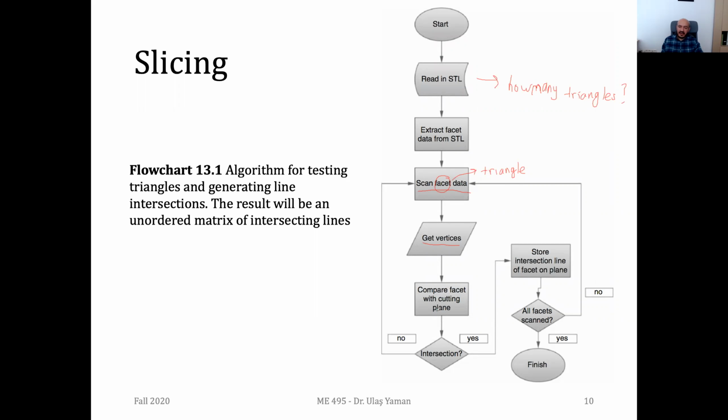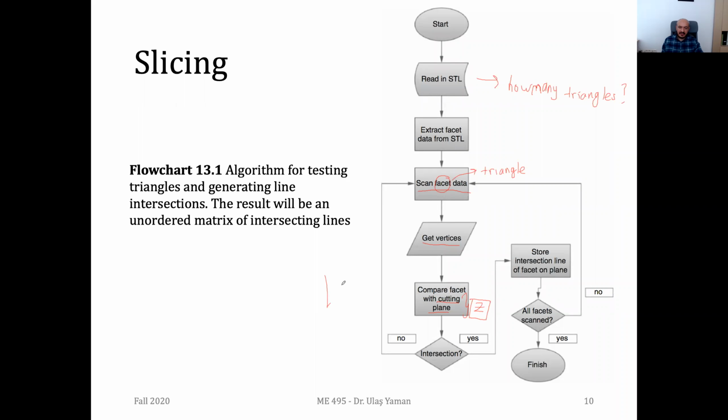And then what we do, we get the vertices of that triangle. And since we know the cutting plane, we know the information about the cutting plane. So what we need to know is the z value of that cutting plane. And then we compare the vertices with that cutting plane.